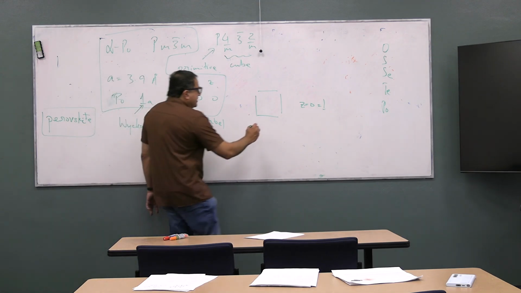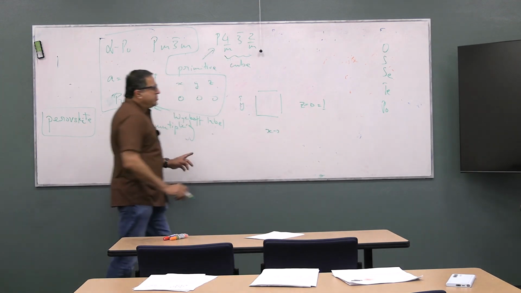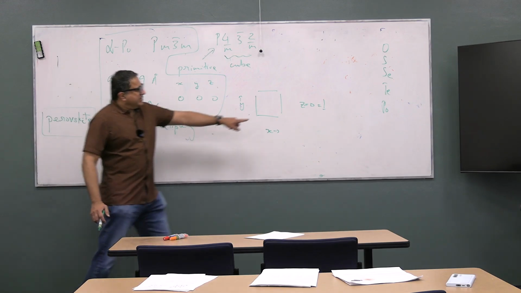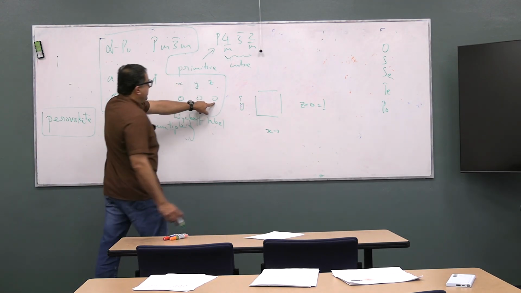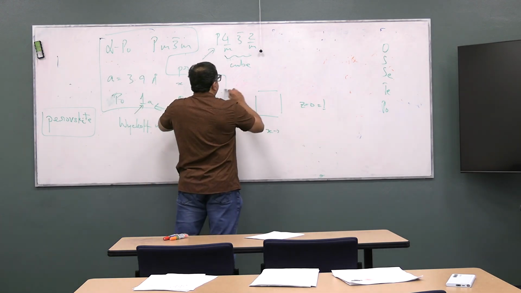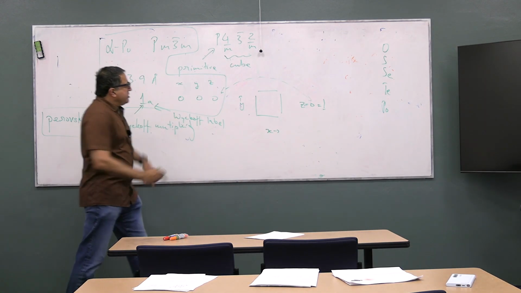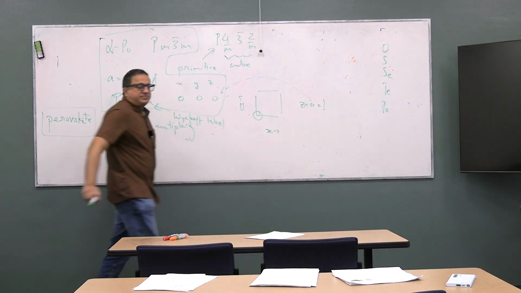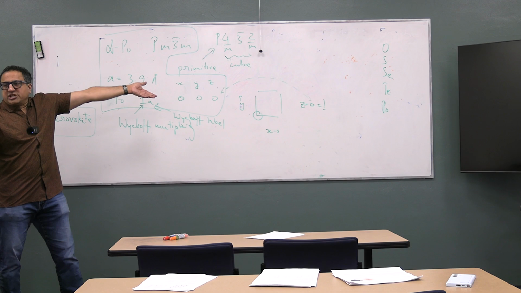Imagine that this is X and this is Y. So the position 0, 0, 0, the third 0 is already taken care of. So 0, 0 means the atom goes here. And that's all. That's the whole crystal structure.